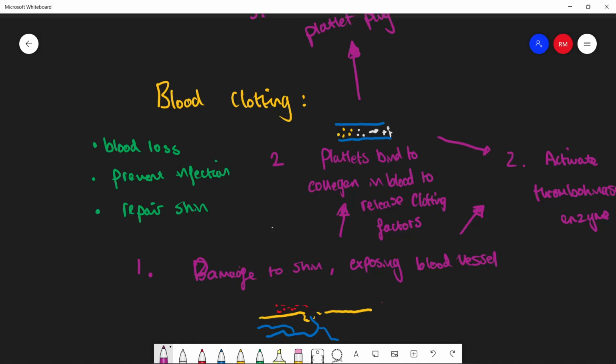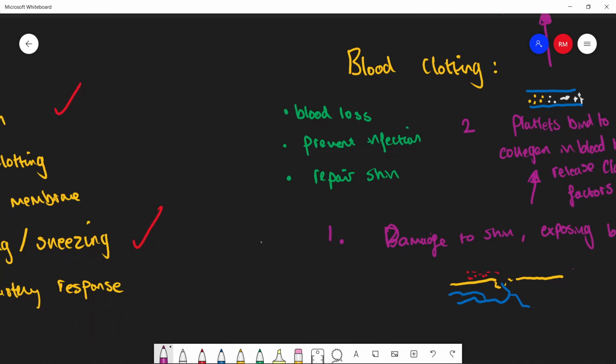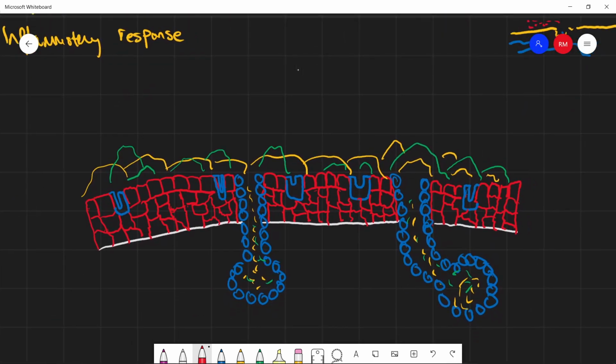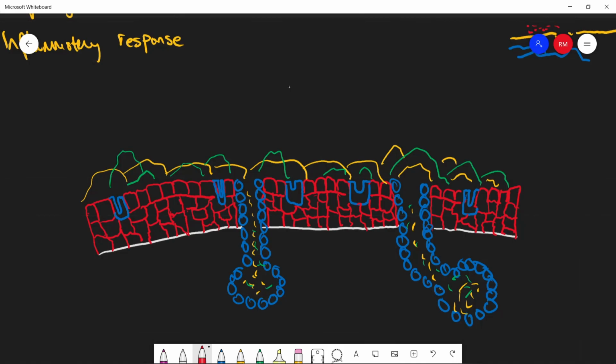So the next part of this we're going to look at is the mucous membrane, which is quite exciting because this is what I've drawn right here. This took me probably, actually it didn't take me too long. So I'm just going to label this first, and then I'll go over this in a few details.